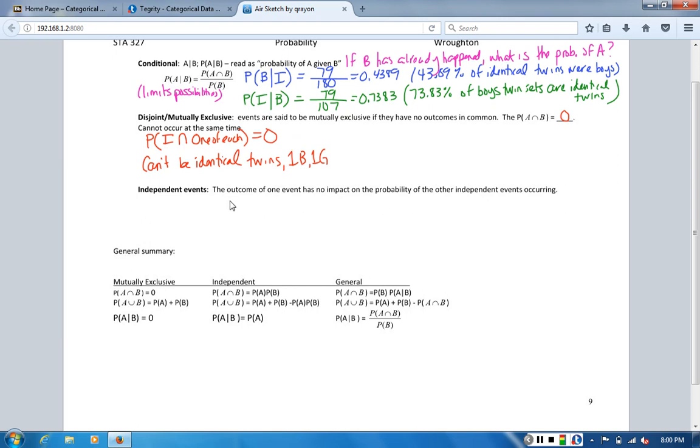A little bit harder to see is independent events. So that's defined here: the outcome of one event has no impact on the probability of the other independent events occurring. So if they're independent, the one does not affect the other. So first let me write that out in a little bit more terms. Knowing additional information doesn't change anything.